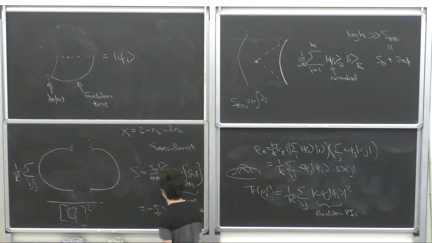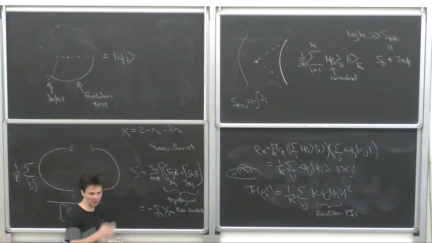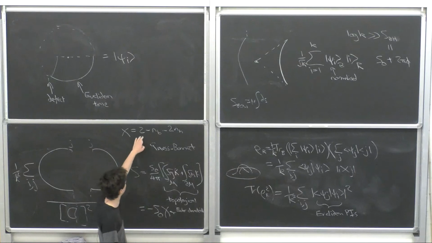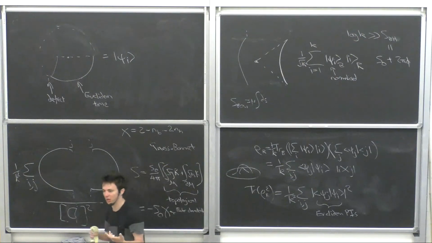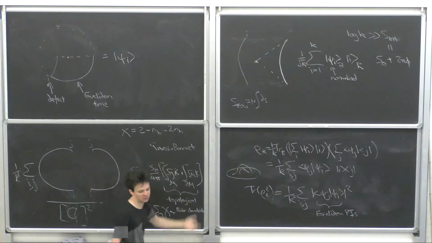So as an example, for a sphere, we have no boundaries and no handles, so the Euler characteristic is just 2. For a disk, we have 1 boundary and no handles, so the Euler characteristic is 1. For a torus, say we have 1 handle and no boundaries, so the Euler characteristic is 0.